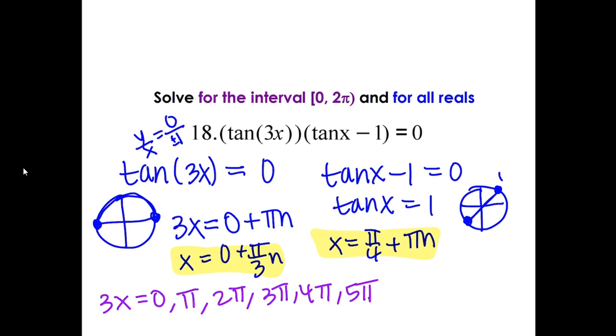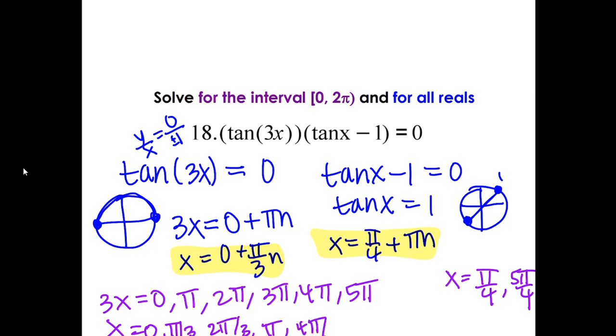And then over here we had pi over 4 and 5 pi over 4, which I don't need to do anything with because it's just x equals, and over here I'll need to divide by the 3. So we have 0, pi over 3, 2 pi over 3, 3 pi over 3, 4 pi over 3, and 5 pi over 3. Those are all of our answers. See how much easier it is to do the ones with the equations? You don't have to list as much out.